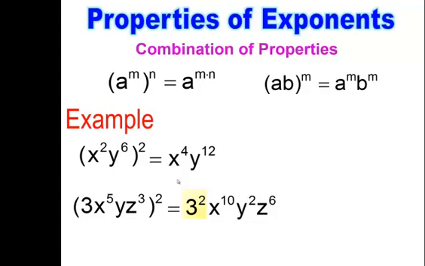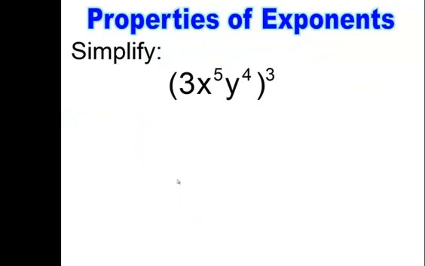You're not taking the exponent and multiplying it to the number. You need to raise the number to that power. So you end up having 3 to the 2nd power, x to the 10th, y squared, z to the 6th. And then you want to make sure you do the multiplication of 3 to the 2nd power, which equals 9.